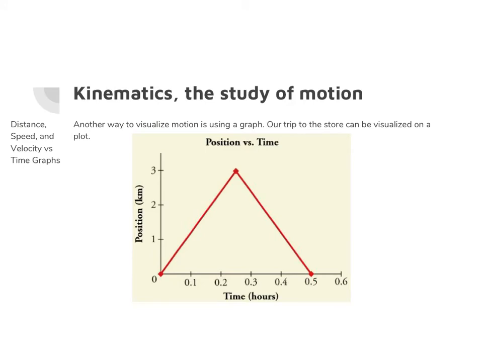So, distance, speed, velocity versus time graph. Another way to visualize motion is using a position graph. We can take our trip to the store and visualize it on a plot. So here we have a position versus time graph, and you can see here that we started at our house. So let's say this is our house.